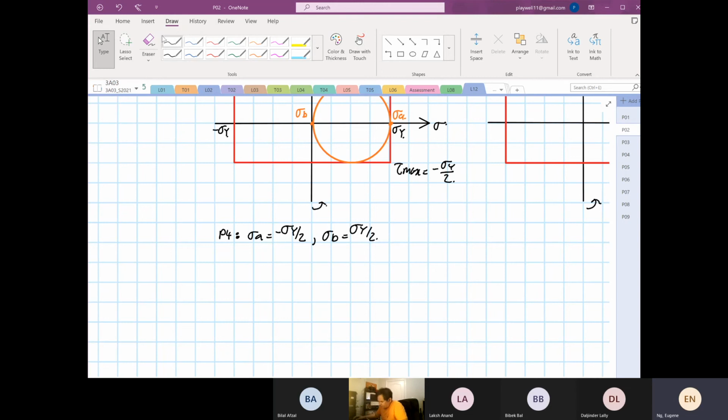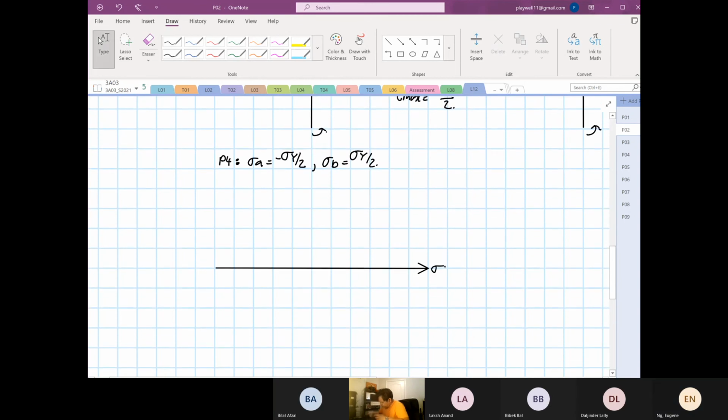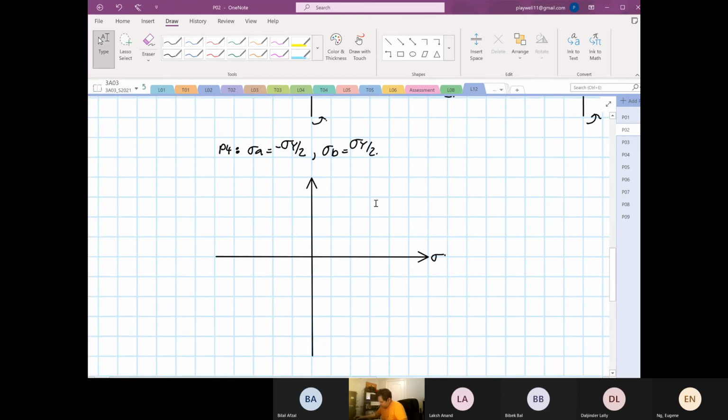So now we're going to look at our normal stress, that is our shearing stress, clockwise and anti-clockwise.